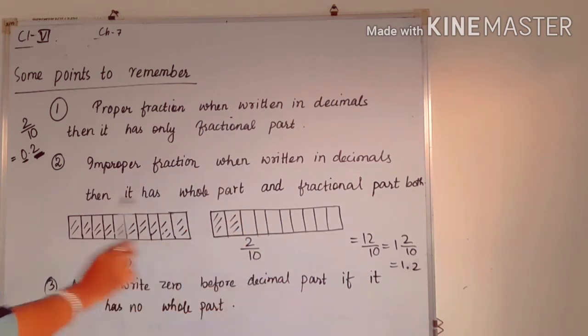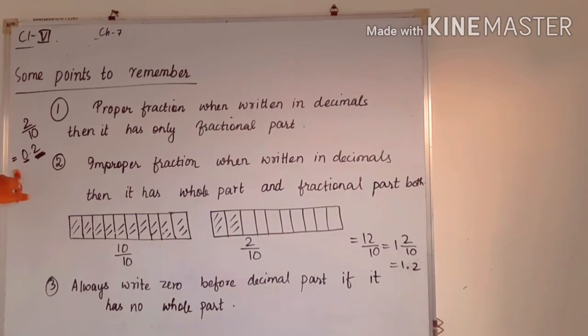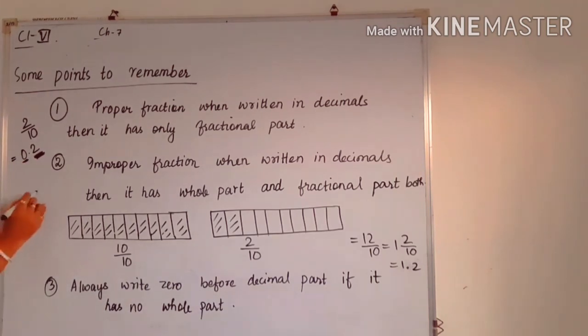And the third point you have to remember: always put a 0 before the decimal point if it has no whole part. Suppose this decimal number has no whole part, so in the whole part we are writing 0. So don't write just .2.